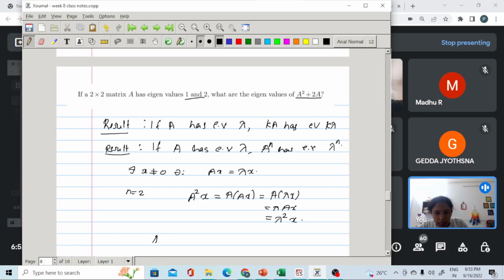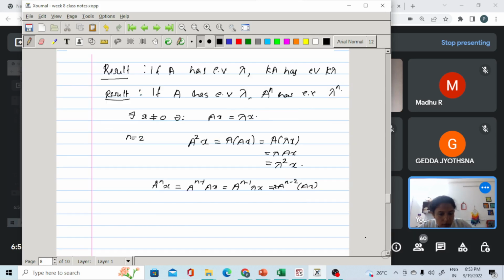In the same way, we can write A power n of x as A power n minus 1 of Ax, which is A power n minus 1 of lambda x. Again, A power n minus 2. Here lambda we will get outside. This equals lambda square into A power n minus 2 of x.